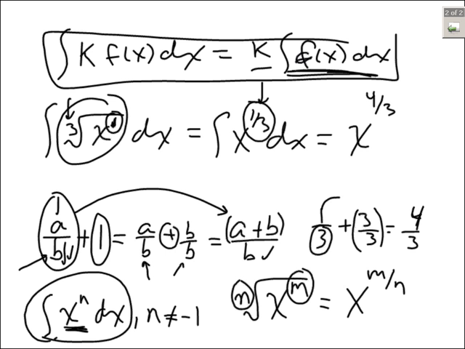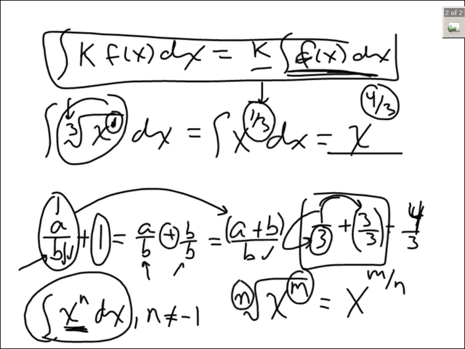We can say 1 plus 3 is 4, and then we divide by this number. We divide by 4 over 3, plus the constant. There's the integral, or antiderivative. Another name for antiderivative is integral.